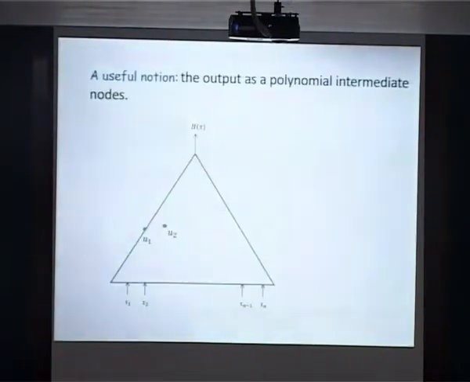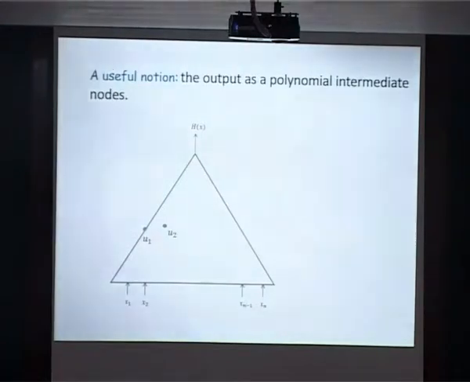But one thing that we will use from all this is the following simple notion. In many of these arguments, it will be helpful for us to do the following. Suppose you have a circuit like this. Pick some set of nodes, say maybe a pair of nodes, U1 and U2.